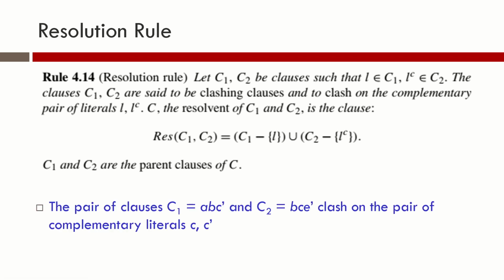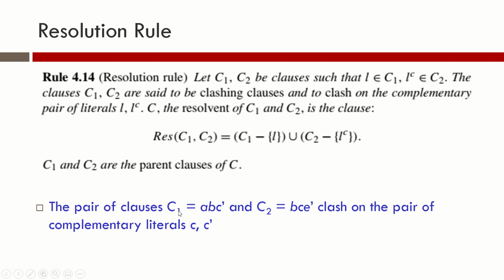Now let us consider an example. Let C1 be A, B, C complement, and let C2 be B, C, E complement. You can see that C1 contains C complement and C2 contains C. So C1 and C2 are clashing clauses and they clash on the pair of complementary literals C, C complement.